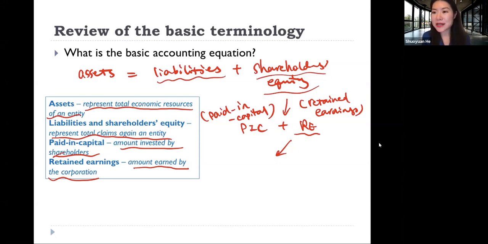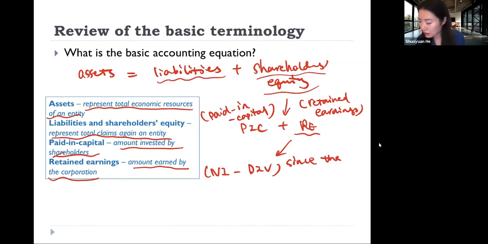So from the firm's inception, the sum of all of the firm's net income minus dividends.